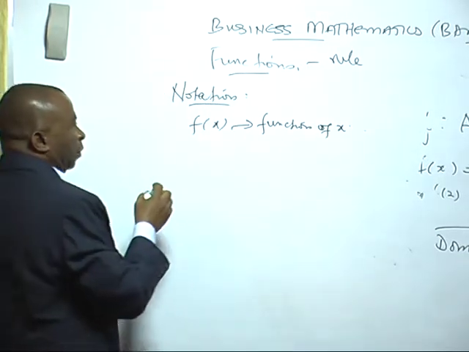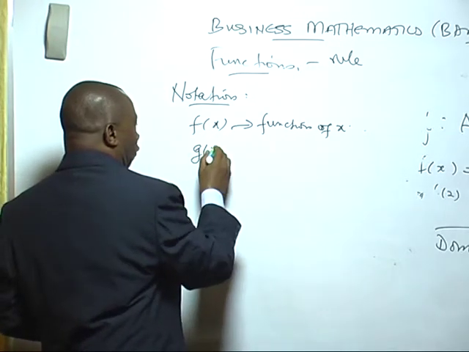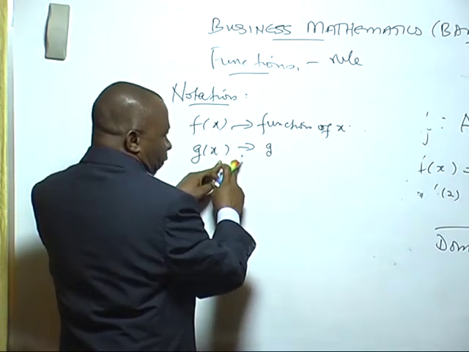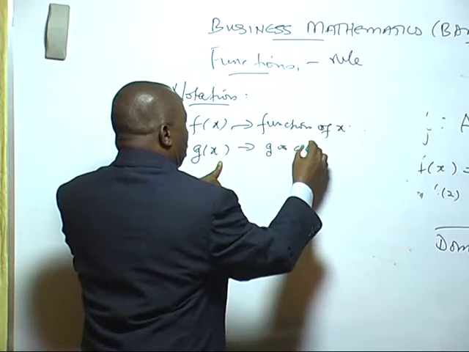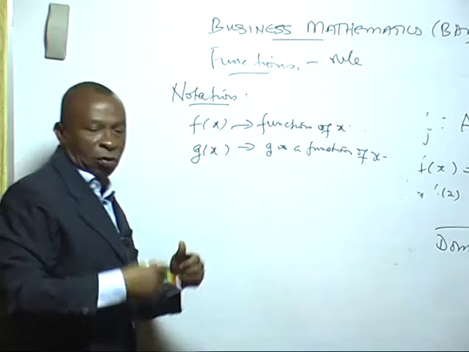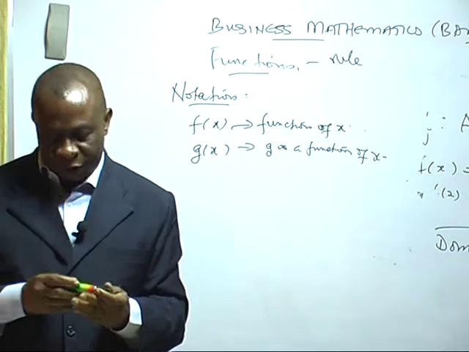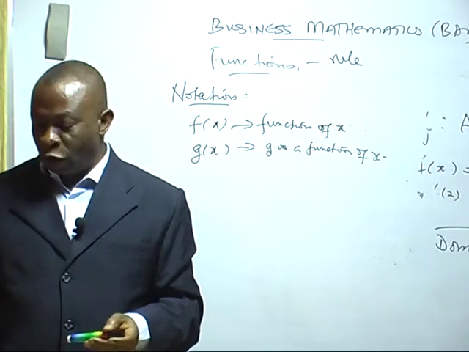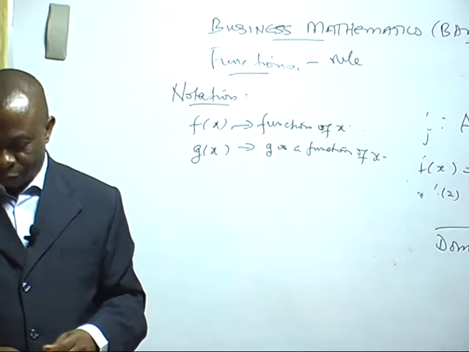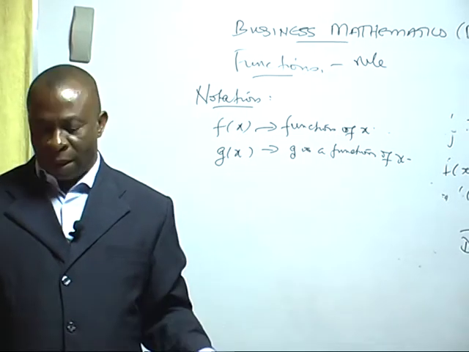So you have g, f is a function of x, so g of x will mean g is a function of x. So we define it as that. Now we want to examine the next definition, or we want to take some examples to illustrate these functions.